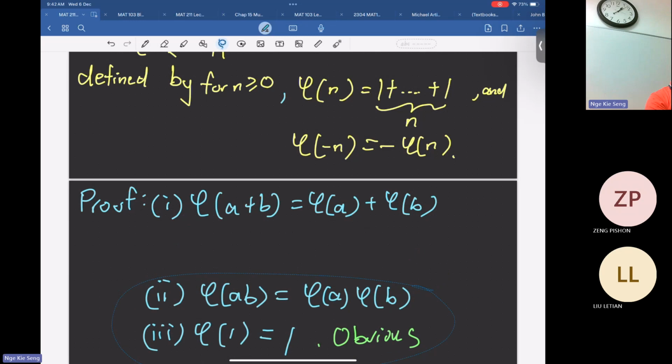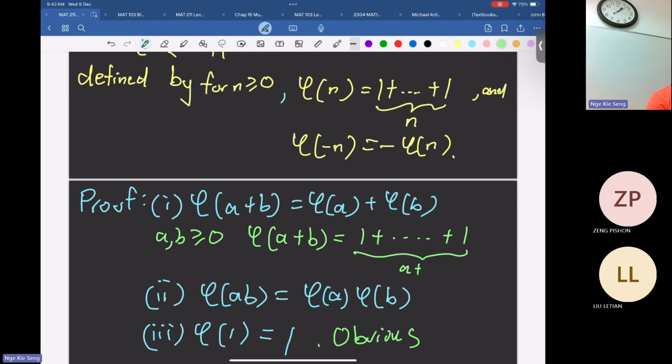You need to deal with them separately. If a, b are greater or equal to 0, it's obvious, because φ(a + b) is just 1 plus dot dot dot plus 1, a plus b times. Then you split it, a times first and then b times. How about if there's a negative involved? What should you do?